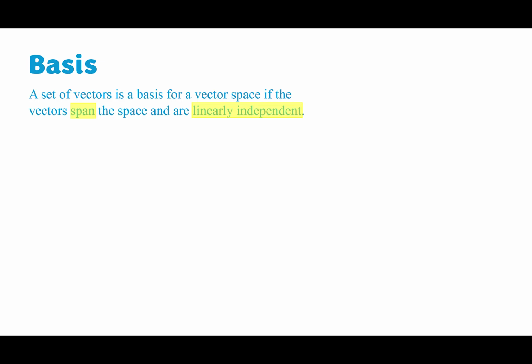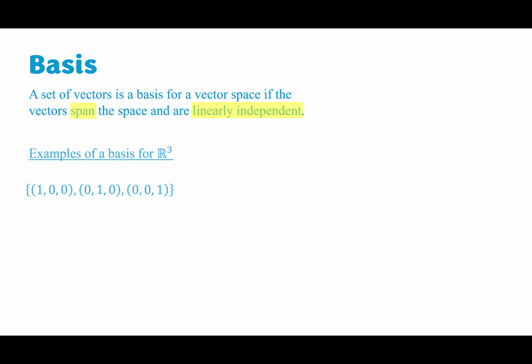Let's look at some examples of a basis for R3, that is our three-dimensional space. This set of three vectors, where each vector has three elements since we're working with R3, are both linearly independent, and they do span our whole entire space of R3, right?